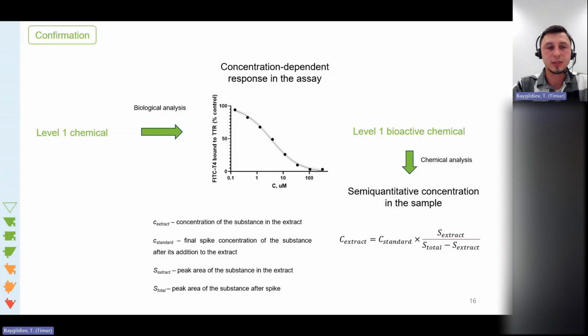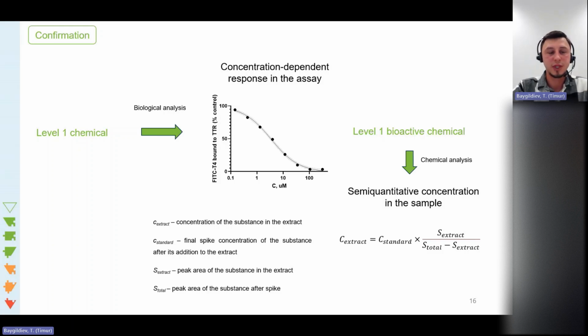But a level 1 chemical is not enough to claim, even if it was detected in the active fraction, that it is in charge of the response that is observed. The next step of confirmation is testing the level 1 identified chemical in the corresponding bioassay.